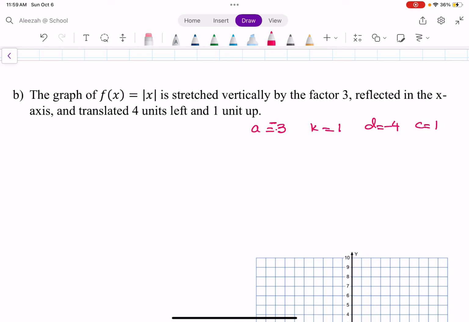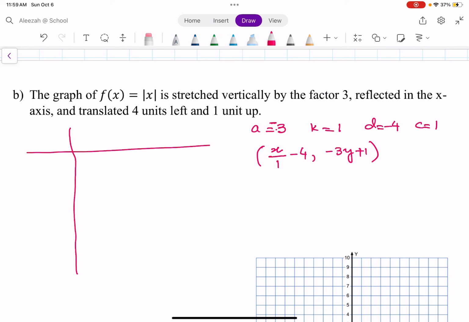Okay, so now the mapping rule is x over k, so k is 1, plus d, so minus 4. a is negative 3 y, and c is plus 1. So that rule will give my new points. So first I make the table of values.